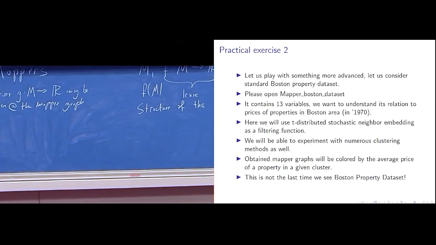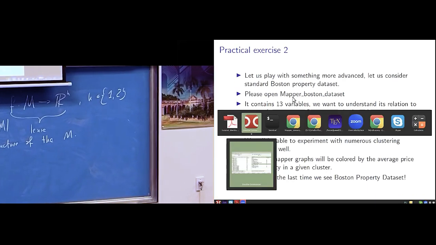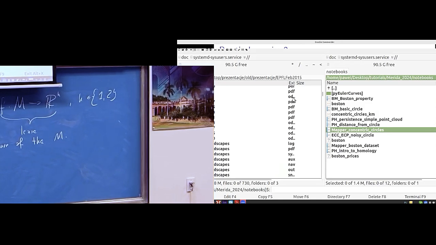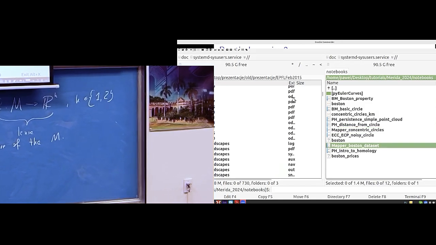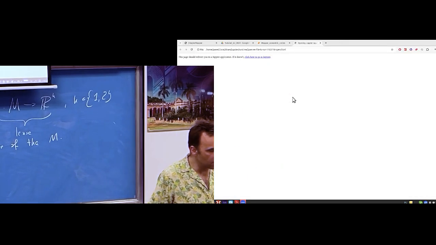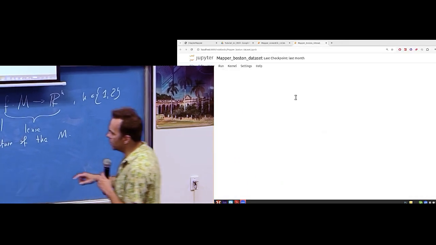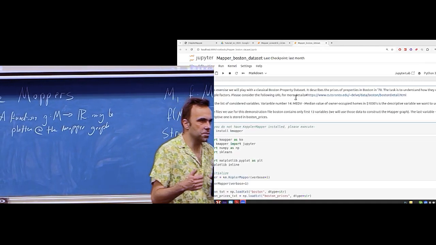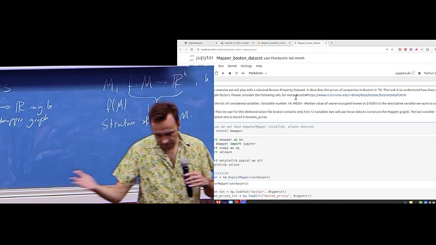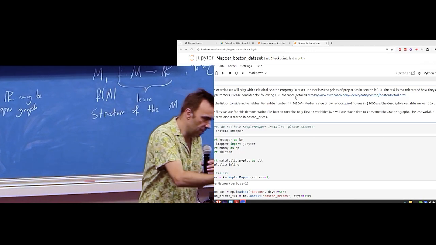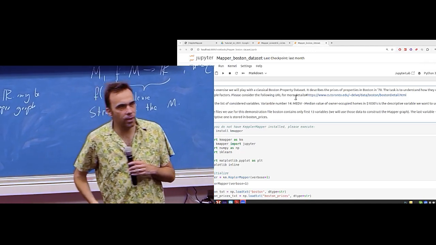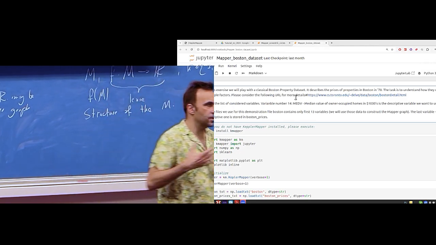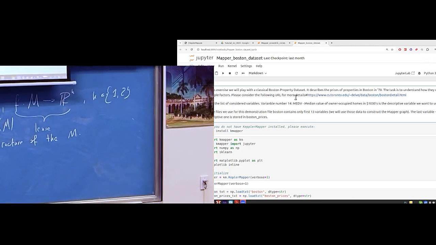We can go to the notebook and maybe briefly discuss it. What you are trying to understand is the distribution. Our function G in this case is the distribution of prices of the properties based on characteristics like the number of square meters, number of bedrooms, how close you are to the subway, what the crime rate is, how close you are to utility stores, et cetera. That's the type of stuff.